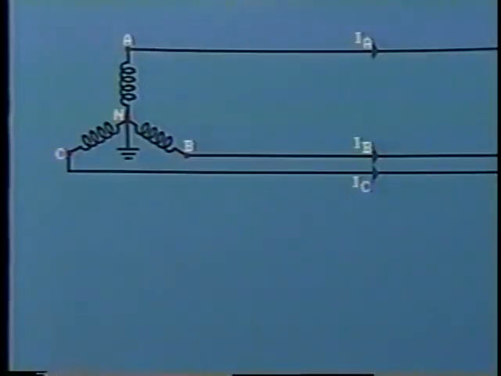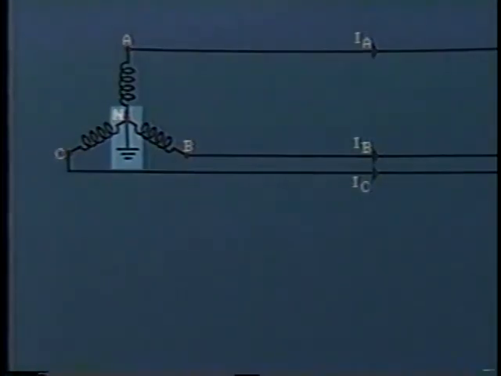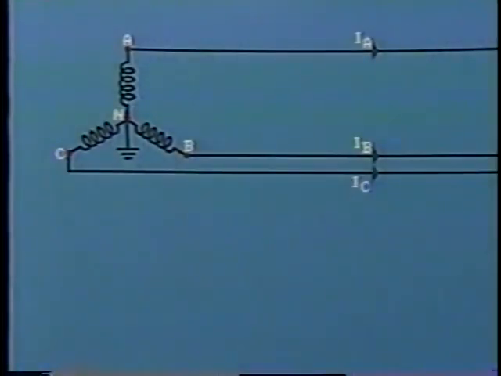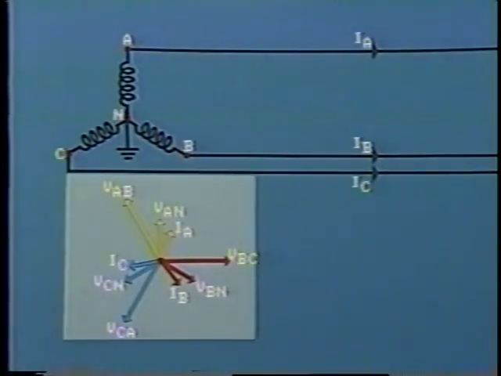Here we see the simple three-phase system functioning under normal, balanced conditions. The circuit has been simplified by removing transformers and breakers. The neutral is solidly grounded in order to anchor the system voltage. This phasor diagram shows the phase relationships and magnitude of the line-to-neutral voltages.